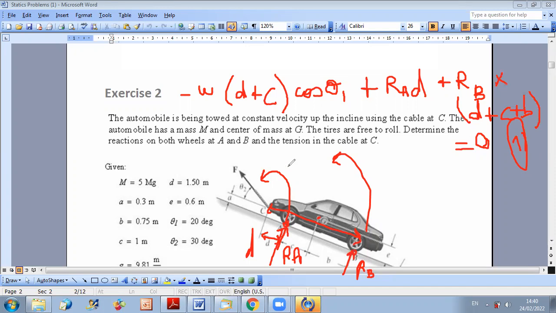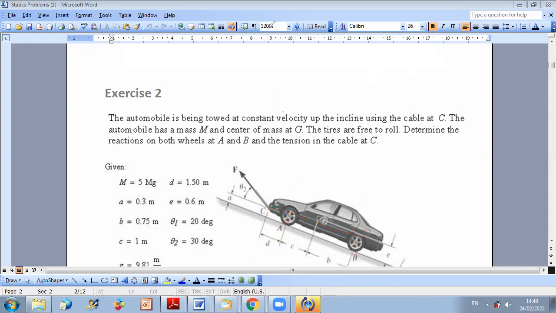Now, the next one is I can do sum of forces. The easiest way is to do sum of x equals 0 and sum of y equals 0. Of course, here, the best frame to select for x and y is along the incline and parallel to the incline, because in this frame, RA and RB are already along y, so I don't have to do any projections for RA and RB.